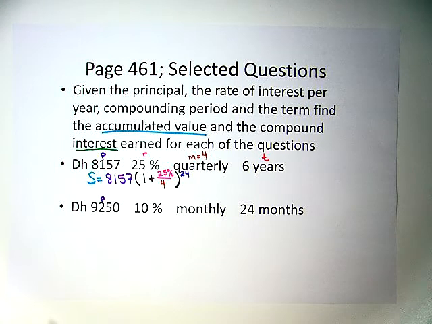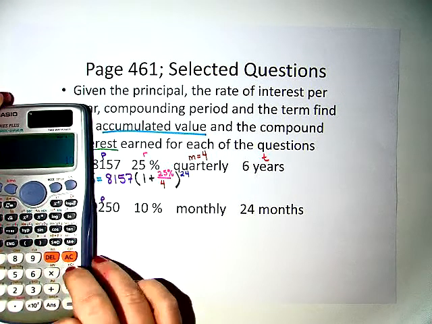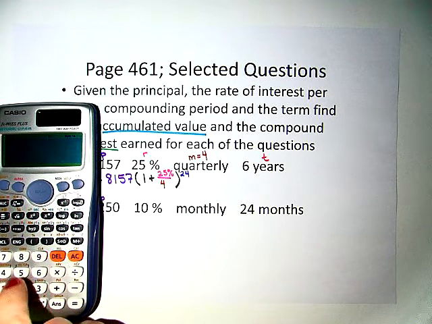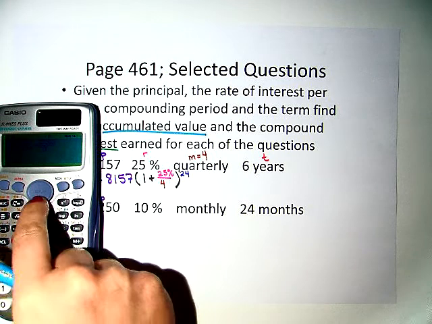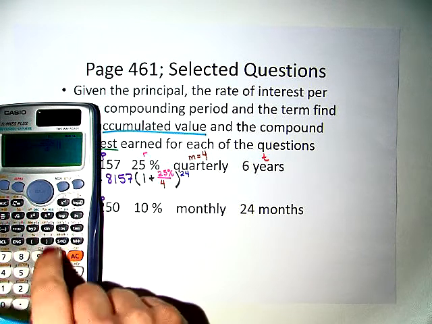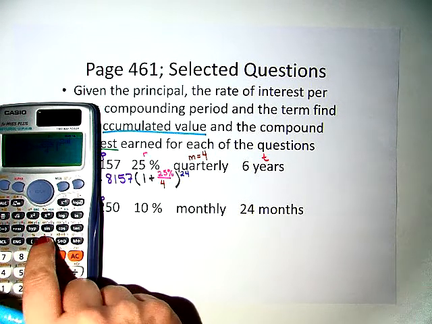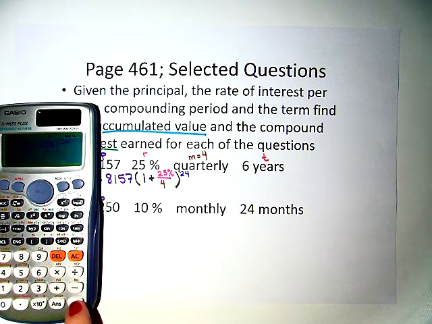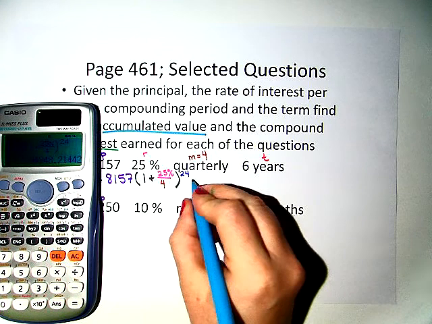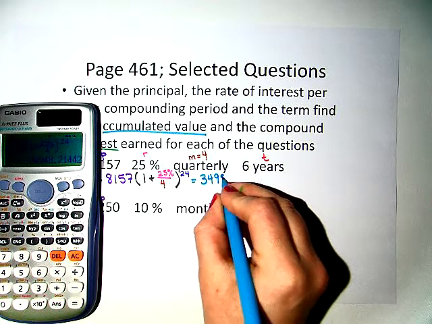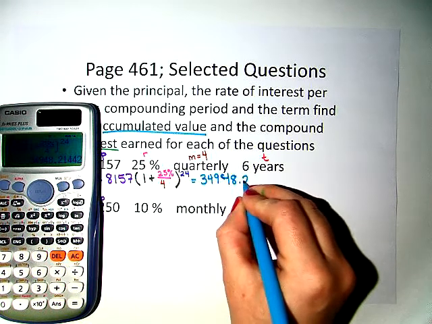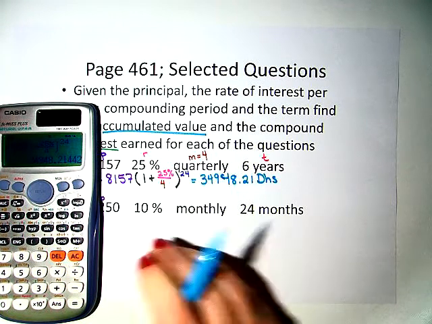So we get that our S, if we put everything in the calculator, 8157, open parentheses, 1 plus our fraction, 25% over 4, raised to the 24th power. Excuse me, put too many parentheses there. And we get that our S is 34948.21 dirhams.